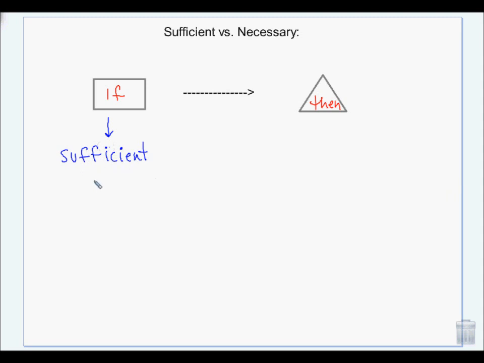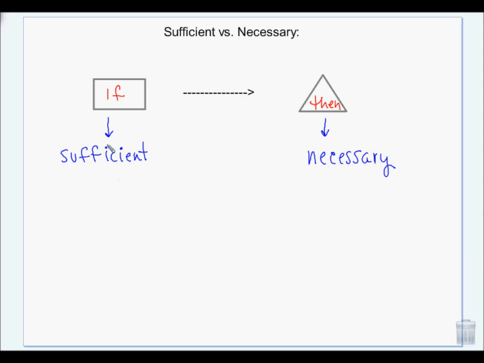Sufficient just means it's good enough for this to happen. Okay? Then is necessary. This is the necessary part of the statement. Like when we talked about being a male is necessary for being a father.